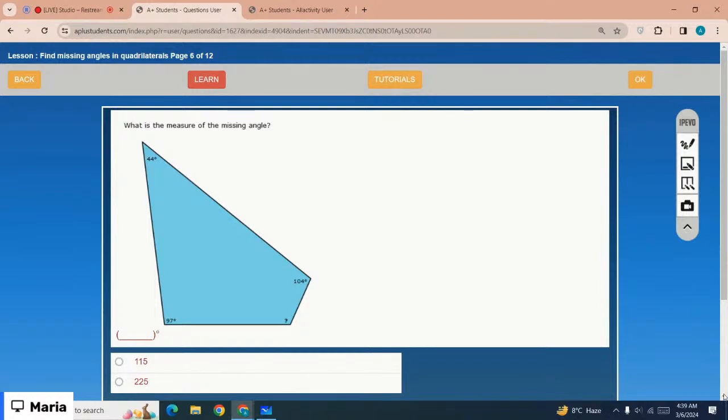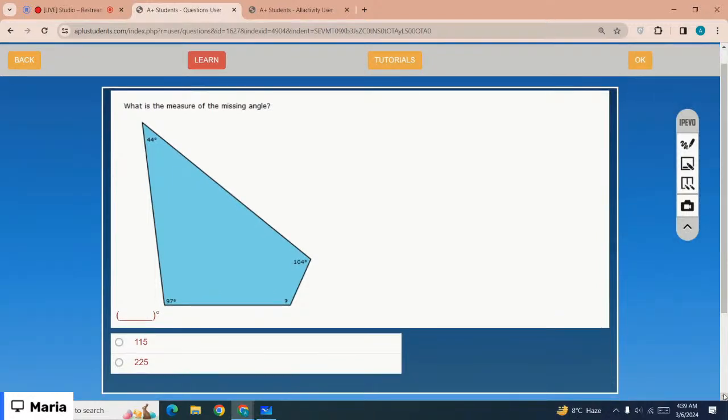Okay, the next one is what is the measure of the missing angle? Do not guess the answers, just use your calculator.